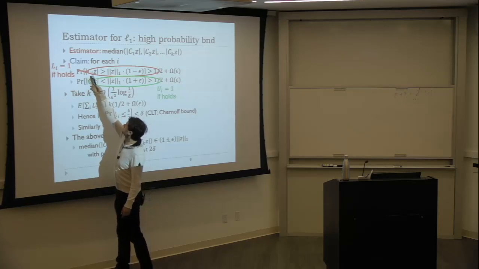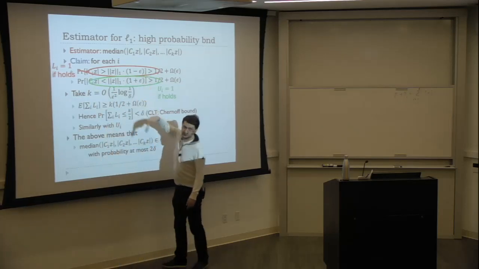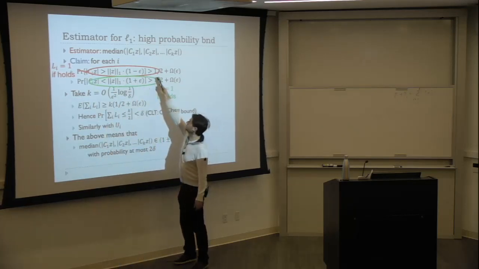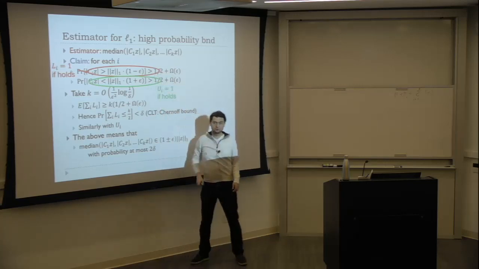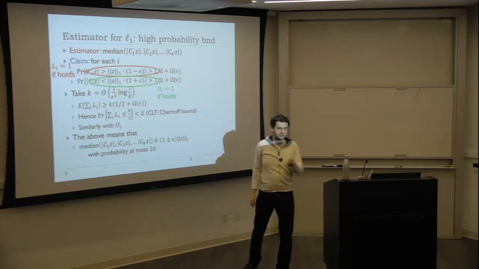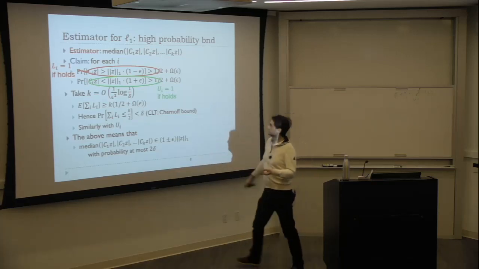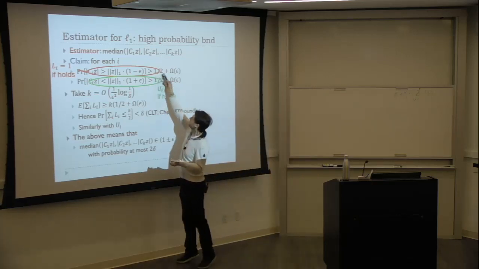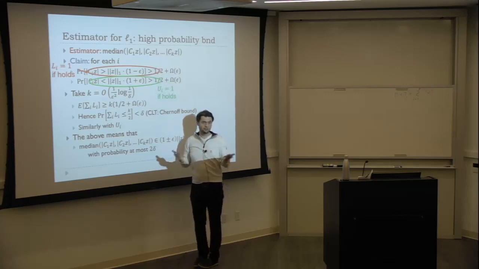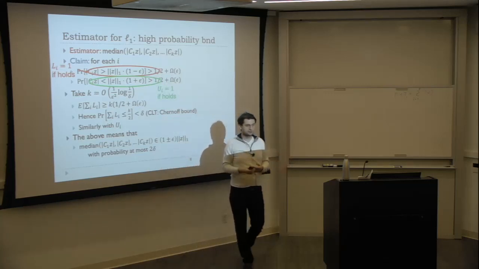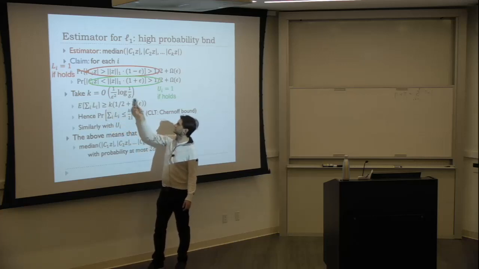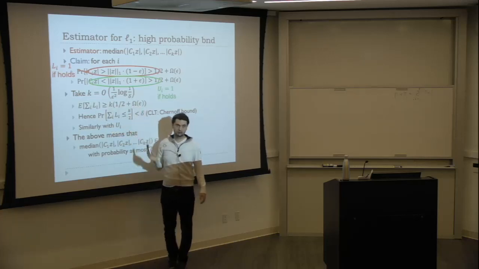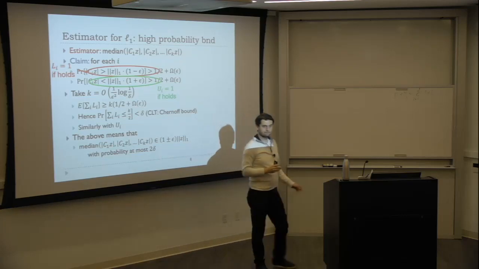It means that this is satisfied. And this is what we proved on the previous slide, that this happens with probability at least half plus omega epsilon. So the expectation of each Li is at least half plus omega epsilon. There are k of them, and so the expectation of the summation of Li's is at least k times the expectation of each of them, which is half plus omega epsilon.